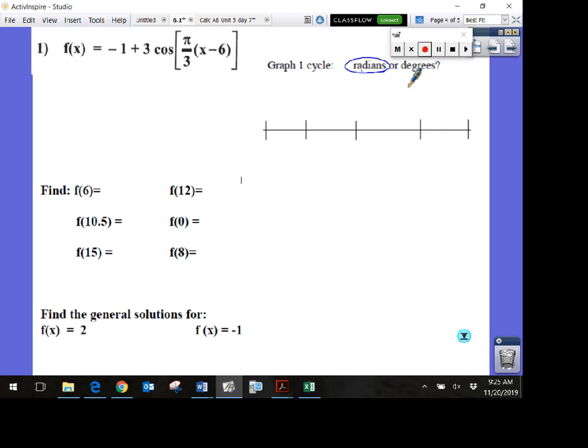All right, so we graphed a few of these on that packet. So we would start here, and that would just be at 6, the opposite. Our period for this would be 2 pi over b, which is pi over 3. So 2 pi times 3 over pi, which is just 6.